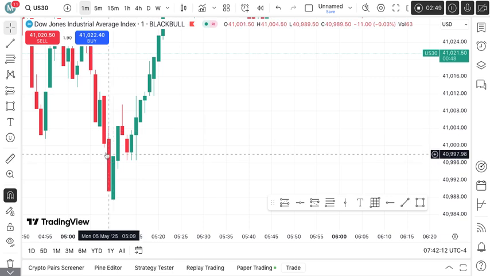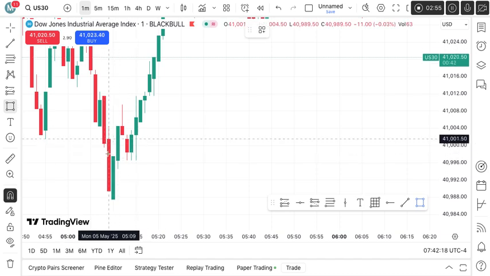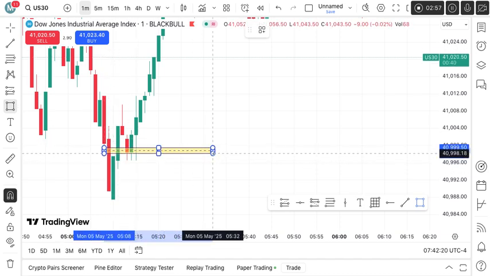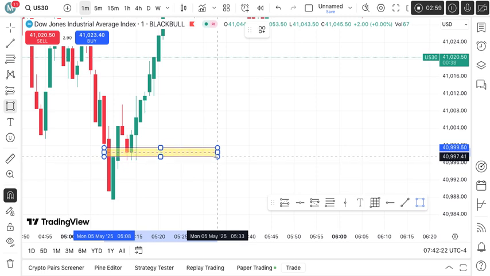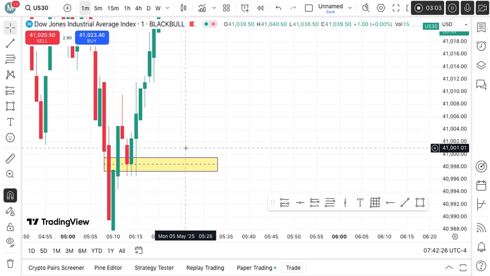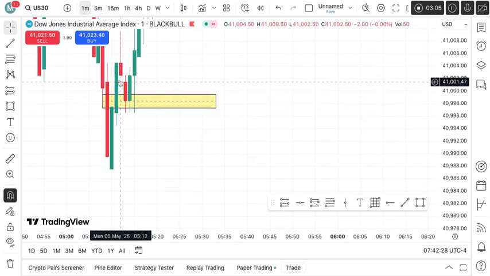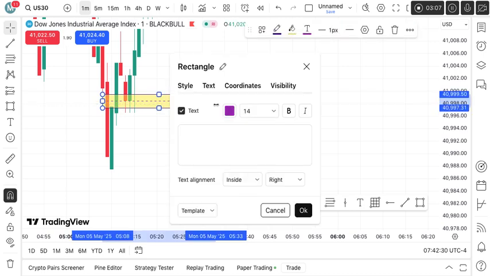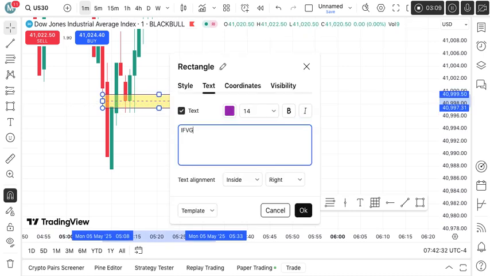The first candle's wick, third candle's wick. So wait for price to violate the fair value gap. When does the fair value gap become violated? When the candle closes above the fair value gap. You see, this candle closed above the fair value gap, and this turns into an inversion fair value gap.